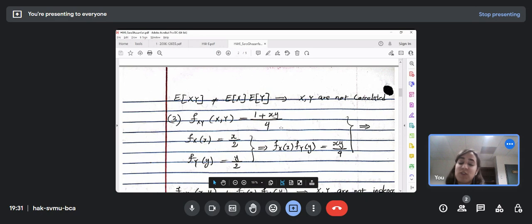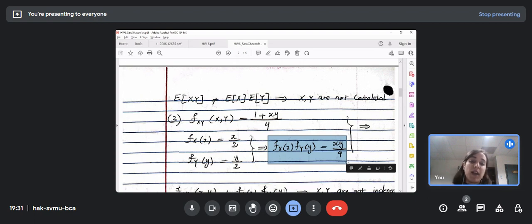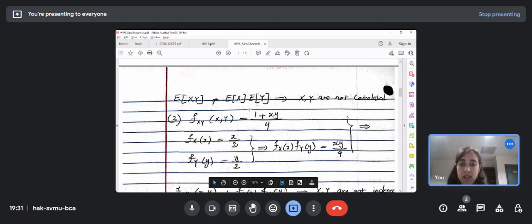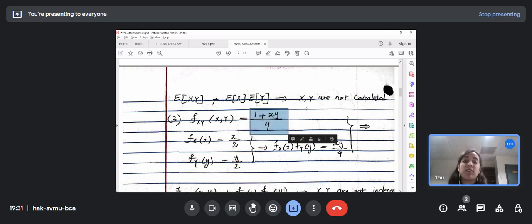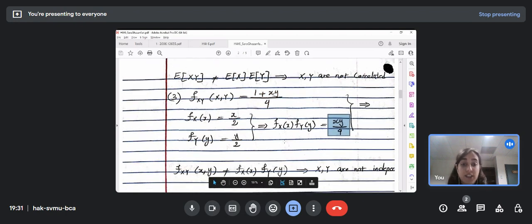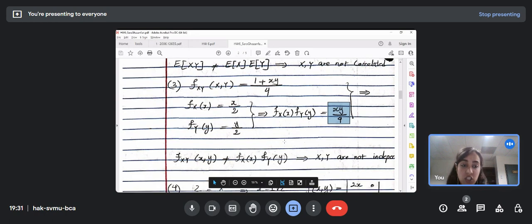From the last part, we've calculated f of x and f of y, and when we calculate f of x times f of y, we see that the joint density function is not equal to this. So they are not independent, they're dependent.